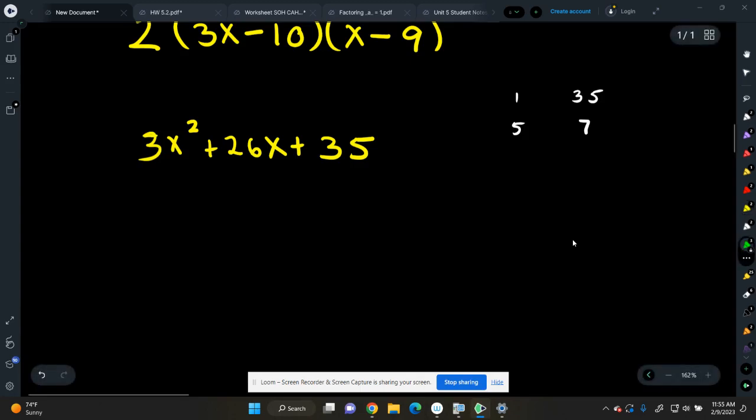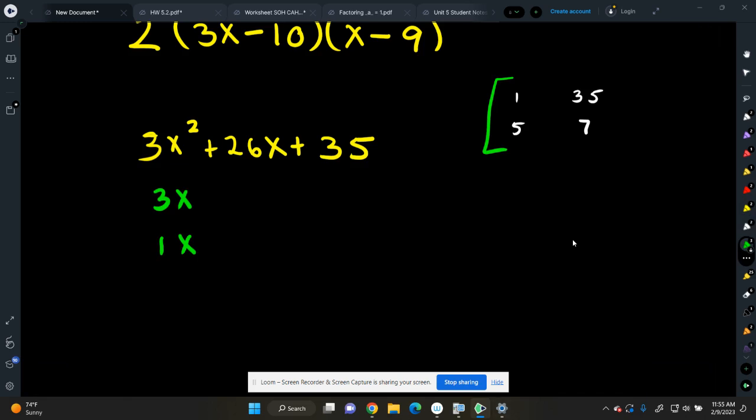How do we factor the 3x squared? 3x and 1x, right? Now here's my options for the 35. I can see right away that 1 and 35 are not going to work, right? So it's got to be the 5 and the 7. So I just chose that.